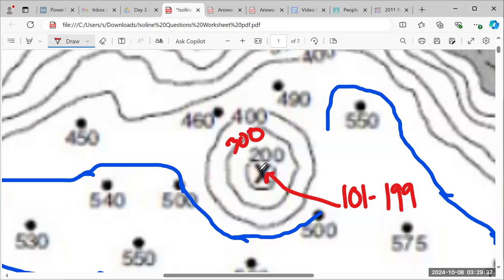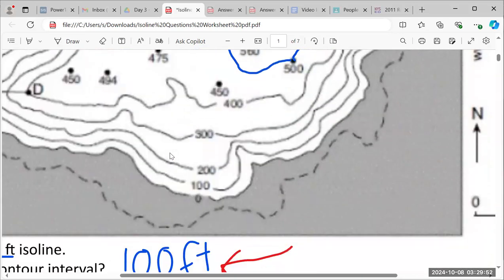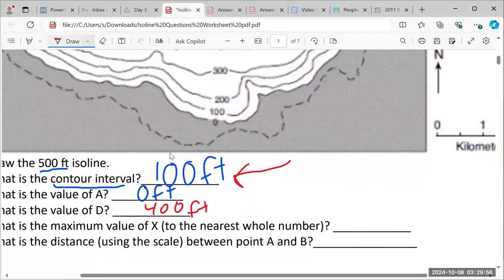It would be less than minus a full 100. So that's why my values for x can be anywhere from 101 to 199. And because they're asking, let me zoom back out, what is the maximum value, it is going to be 199.